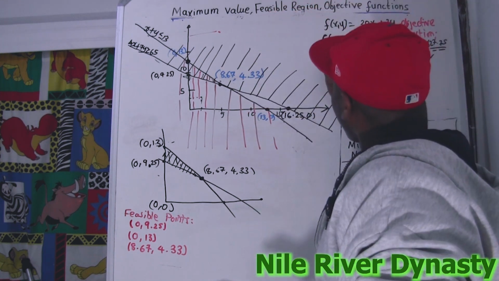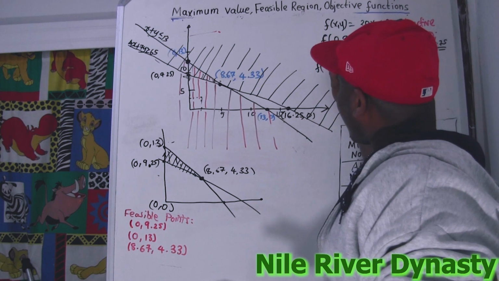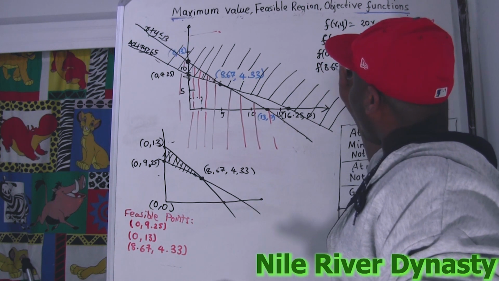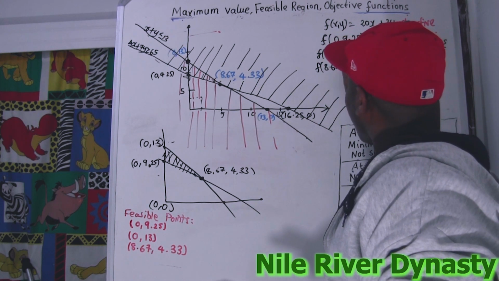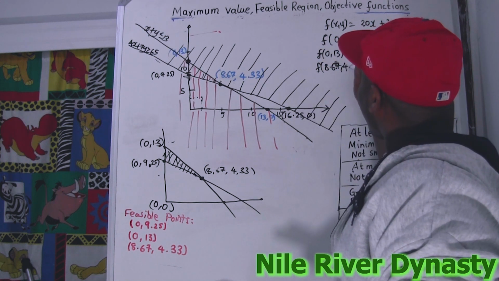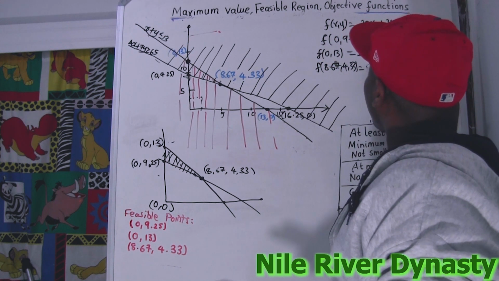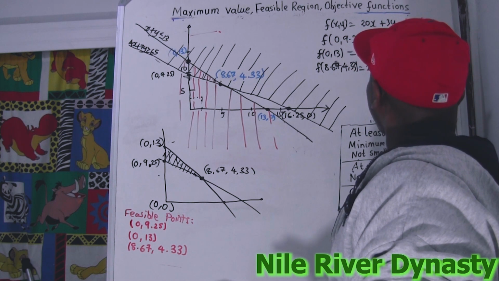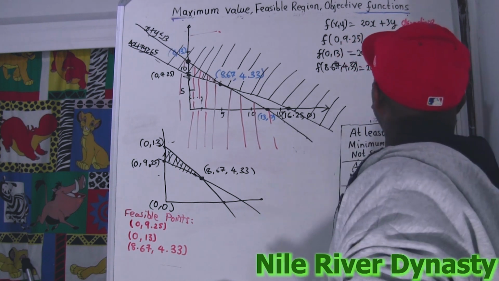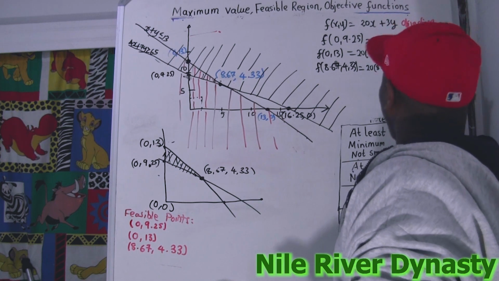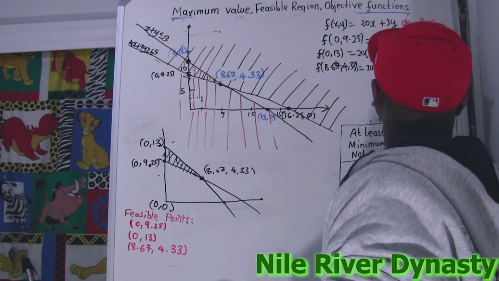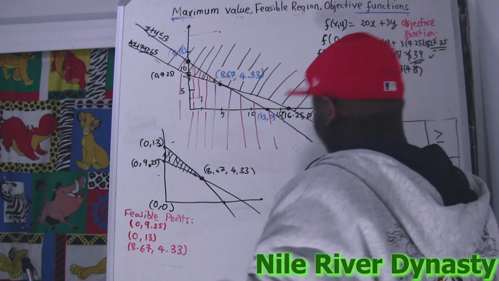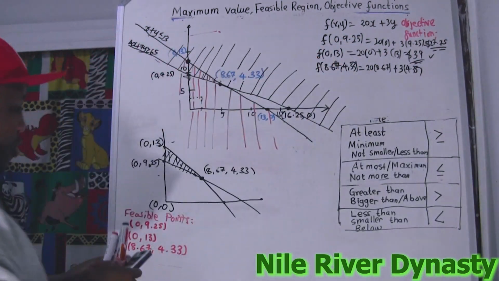Let's go for the last one, 8.67 and 4.33. So this equals 20 times x, which is 8.67, plus 3 times y, y equals 4.33. Let me check my calculator quick, because I want to see which is going to give us more profit.